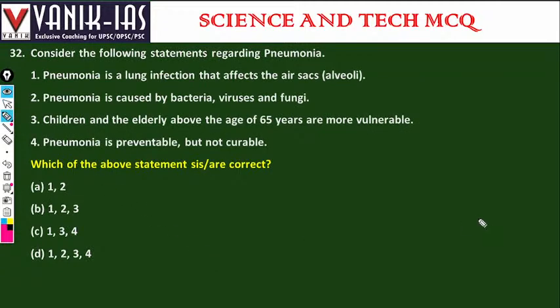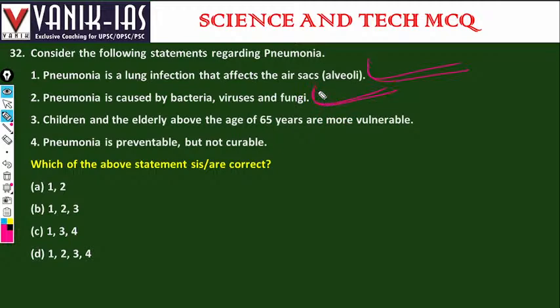Consider the following statements regarding pneumonia. Pneumonia is a lung infection that affects the air sacs, the alveoli. Yes, pneumonia is a lung infection, a term heard often after COVID. Pneumonia is caused by bacteria, viruses and fungi. Yes, it can be caused by these multiple pathogens.